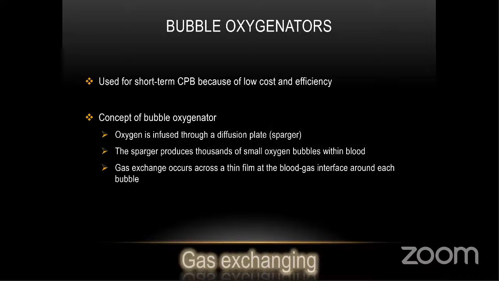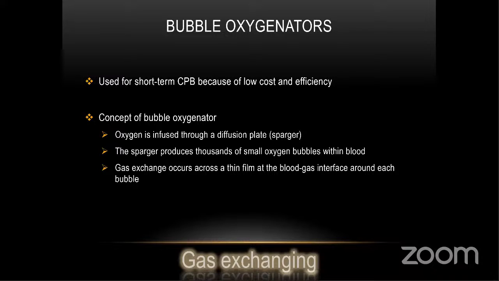Bubble oxygenators can be used for short-term bypass because of their low cost and efficiency. The concept of the bubble oxygenator is that oxygen is infused through a diffusion plate that produces thousands of small oxygen bubbles within the blood.